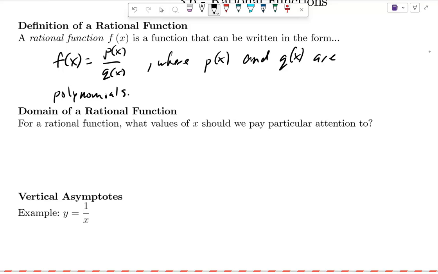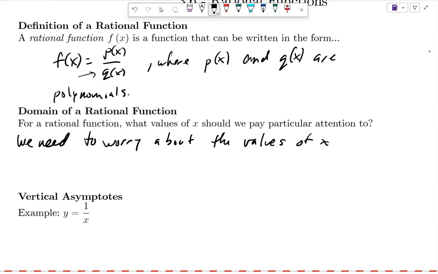So if we're worried about domains for a rational function, we need to worry about the values of x that make the denominator 0.